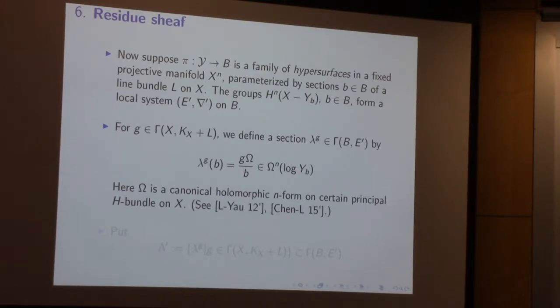Okay, so given this section lambda G, I want to look at all of these guys and put them together. So this would be what I call lambda prime. So lambda prime is now a certain space of global sections of this flat bundle whose generic fiber is this complement cohomology HN.